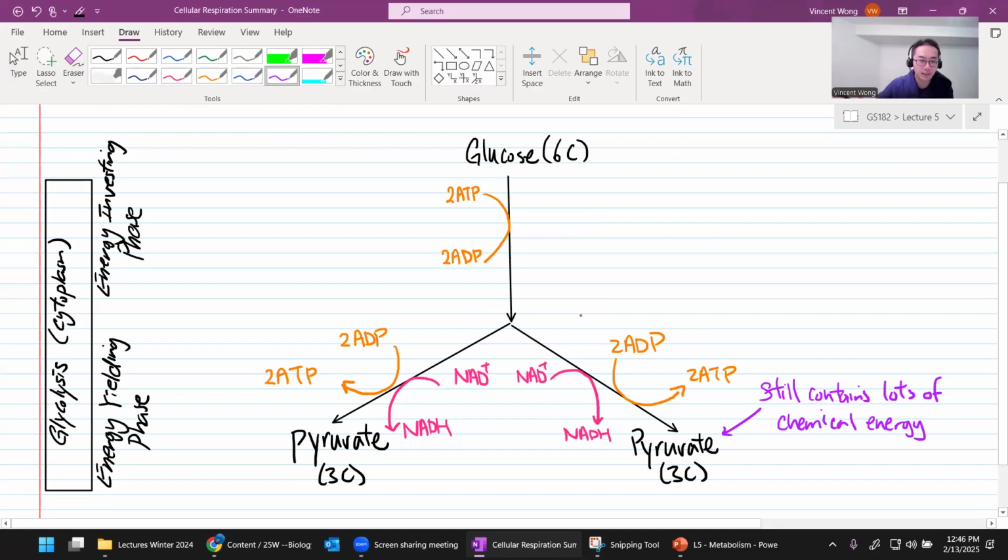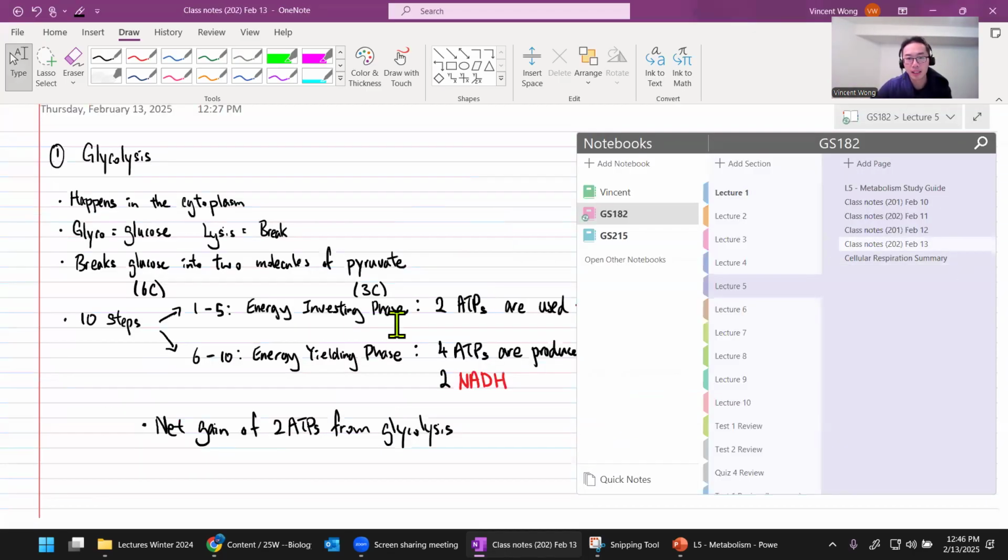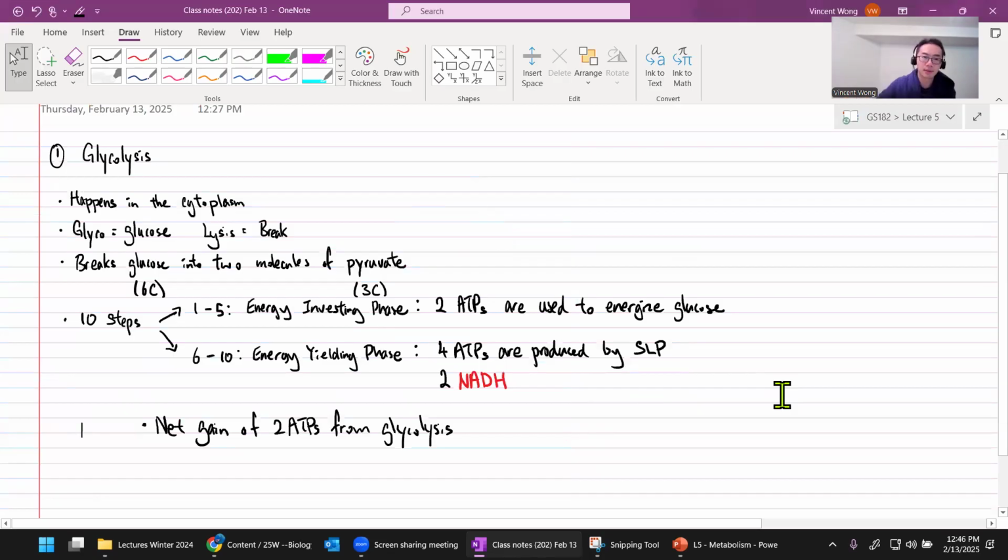And all that energy is still locked in pyruvate. And as we continue to process the molecule, we'll be able to make more ATPs and more NADH and FADH2 in the later stages. Okay, so keep this on the side. We're going to come back to it momentarily, but let's take more notes for now.